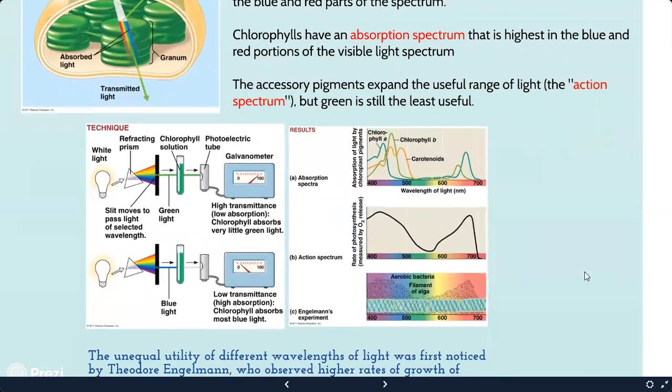It's actually pretty cool. You can extract different pigments from these plants and see this for yourself. This is something we typically do as a wet lab in this course, but due to COVID, we were unable to. So I think I have a Gizmo that we can potentially do.